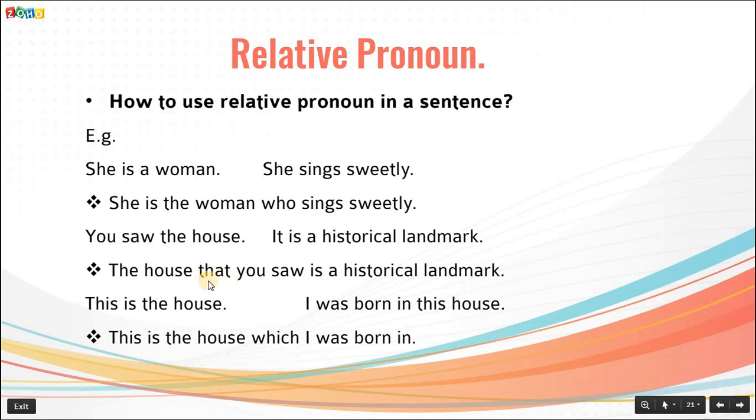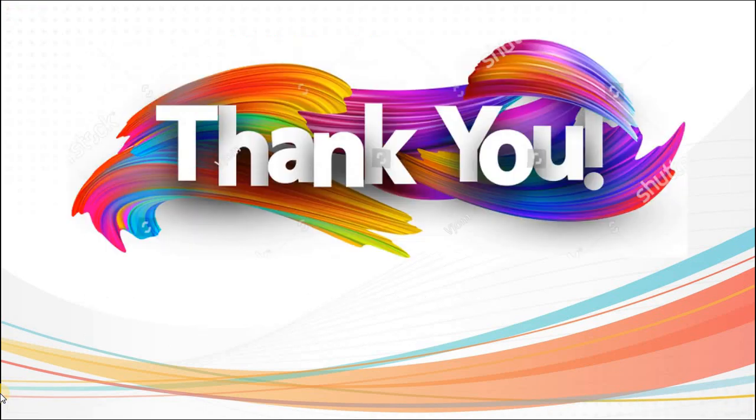That is used here, joining 2 sentences, and is called the relative pronoun. This is the house. I was born in this house. These are 2 separate sentences joined with the relative pronoun which. This is a house which I was born in.